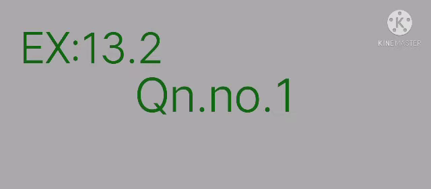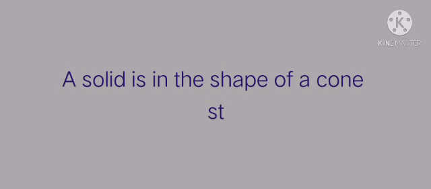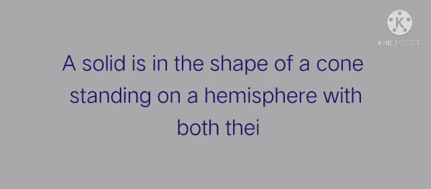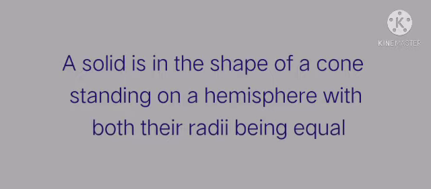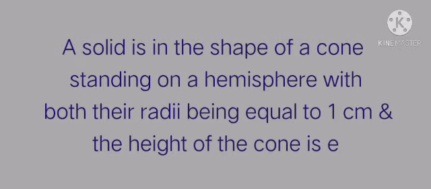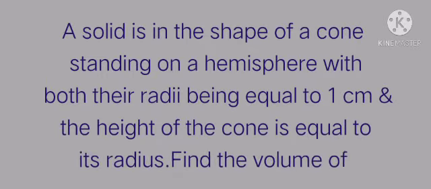So let us discuss Exercise 13.2, question number 1. A solid is in the shape of a cone standing on a hemisphere with both their radii being equal to 1 centimeter, and the height of the cone is equal to its radius.